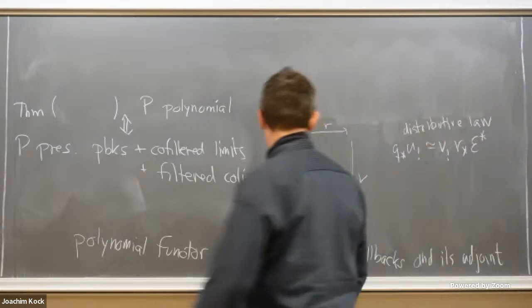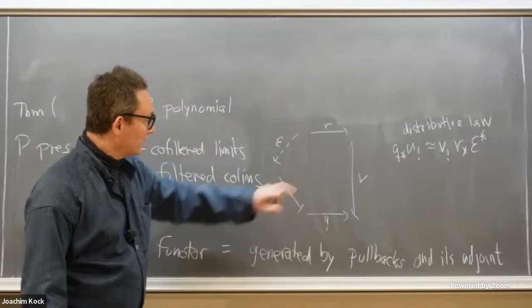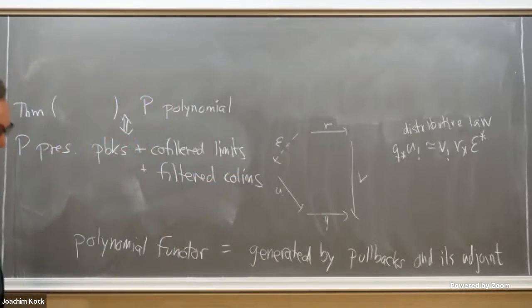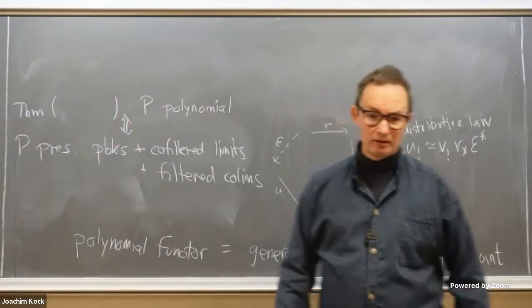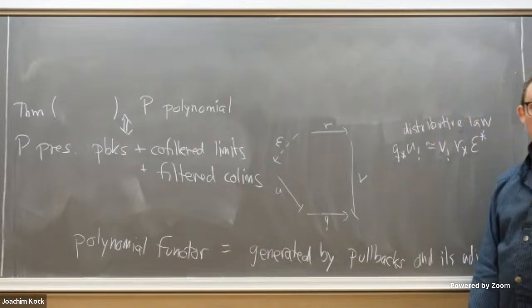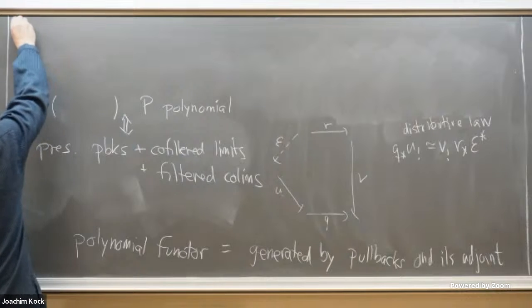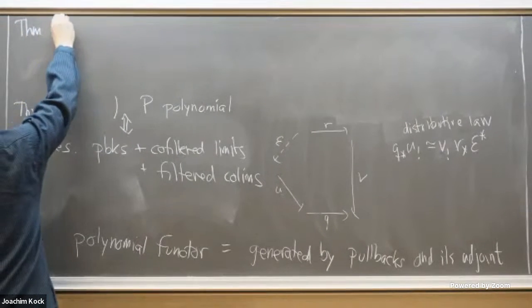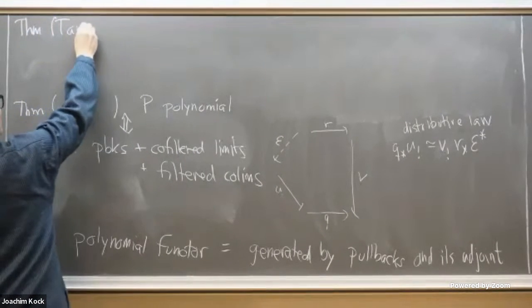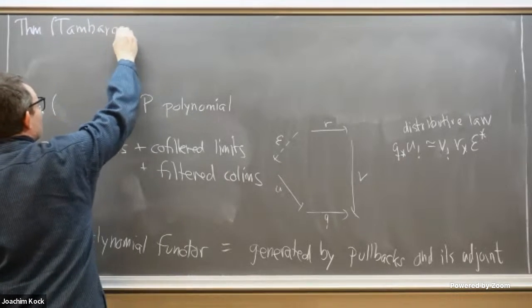Okay, I want to come back to the distributive law, because it's the key point in a theorem that, let me write another theorem. And this one is attributed to Tambara.